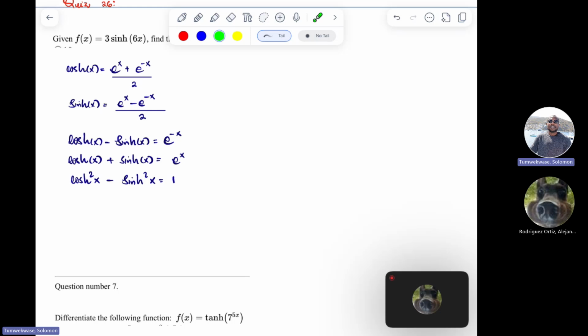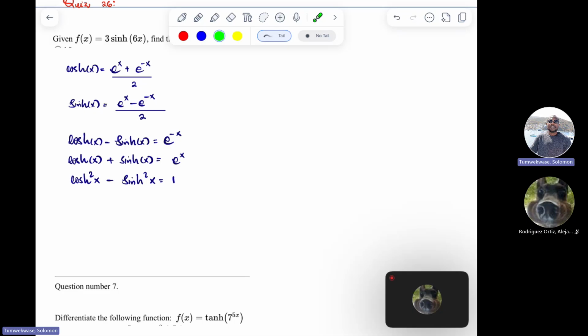Please note that for the usual trigonometric functions, the first identity has a plus, but for the hyperbolic functions, it has a minus. Knowing this can save you some time, especially when you're working on questions.